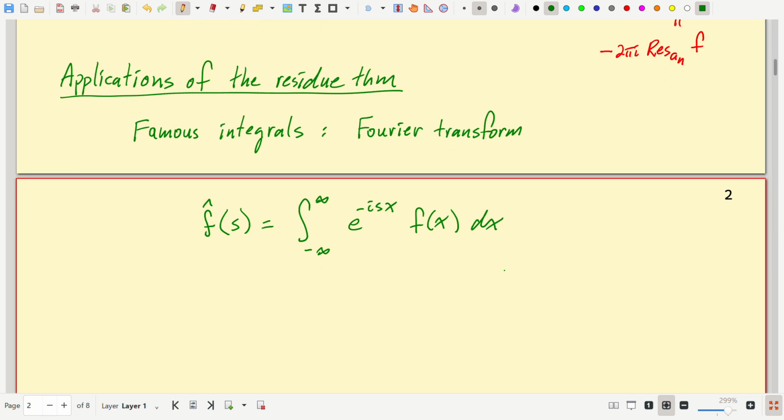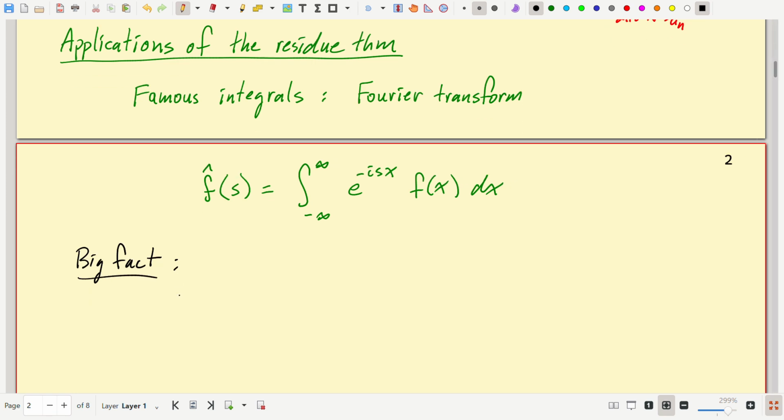It turns out to be a very important thing. And so a big fact is that the Fourier transform turns differentiation into multiplication by something.